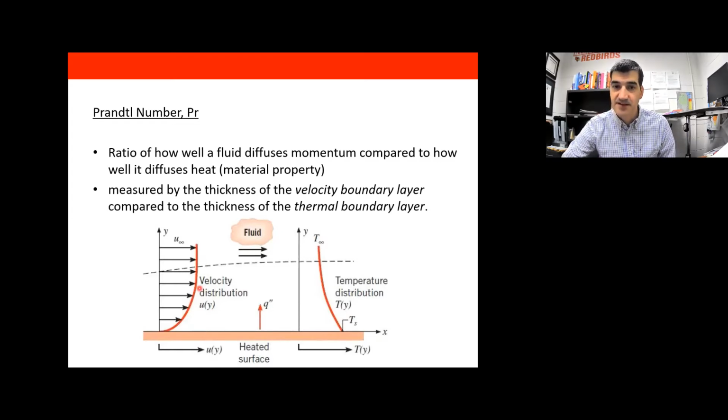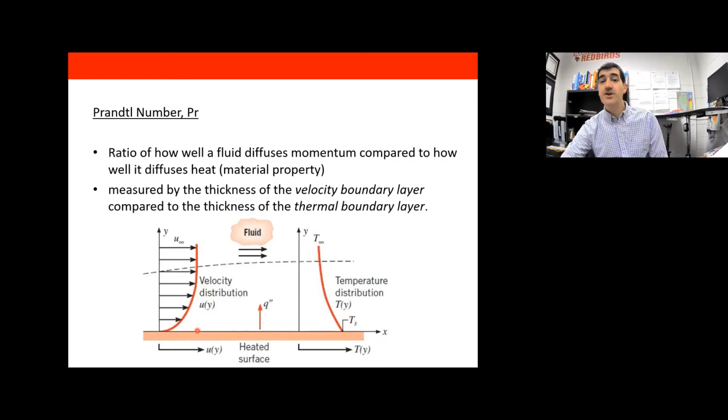The thickness of this boundary layer is defined as the distance from the solid surface at which the velocity of the fluid is equal to 99% of the bulk or average fluid velocity. So this thickness here is defined as the velocity boundary layer.